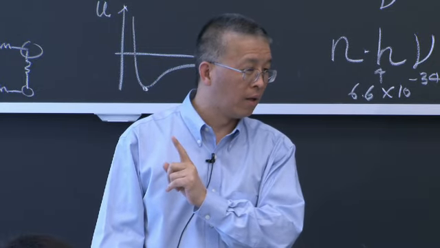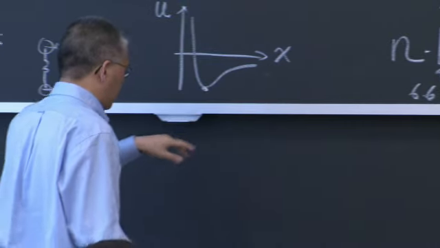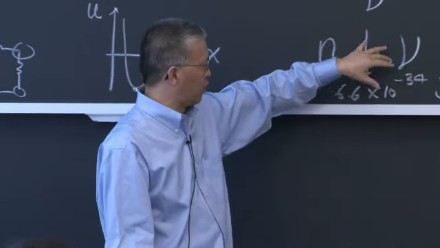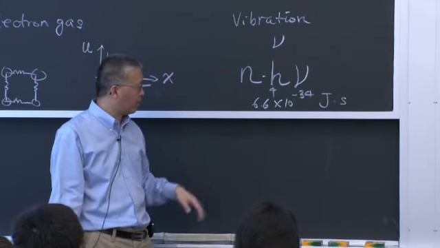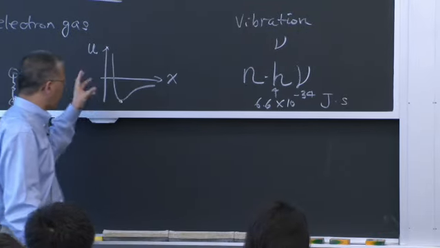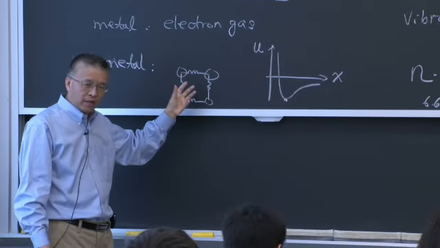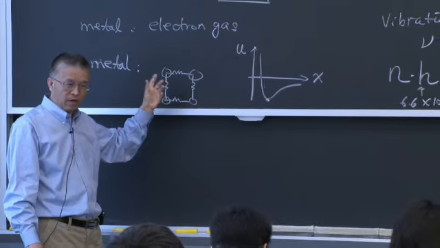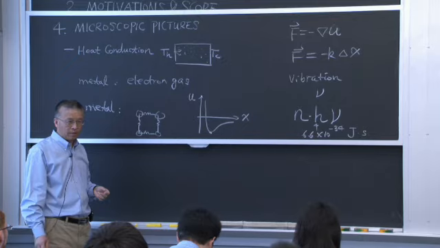In fact, later on you learn the Planck relation, that energy is always related to frequency through h nu. So the phonon is a quantized vibrational energy in the material. A phonon is one quanta of that vibration.